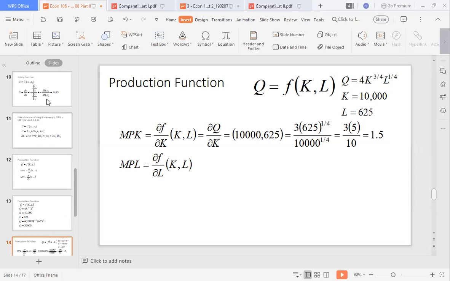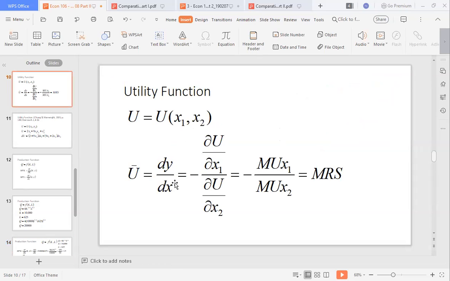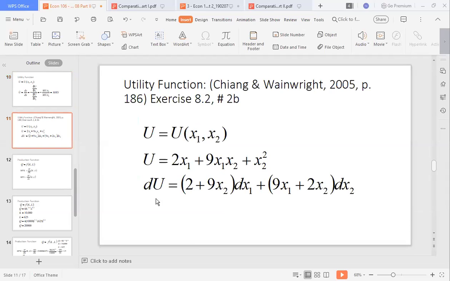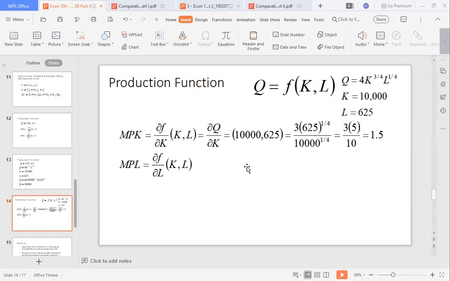Unlike what we did with MUX, which was any utility function, where we stopped at a point because we didn't have values for x1, x2, in the case of the production function, and specifically for this example, we have values for K and L. So we can really get the value for MPK.